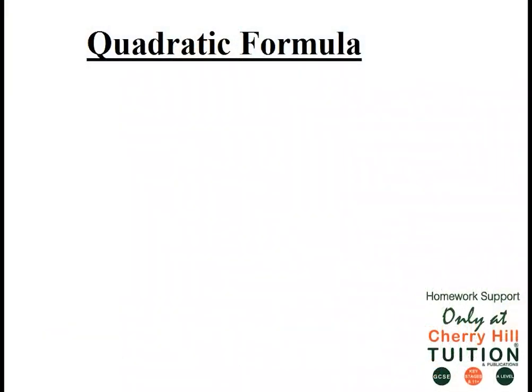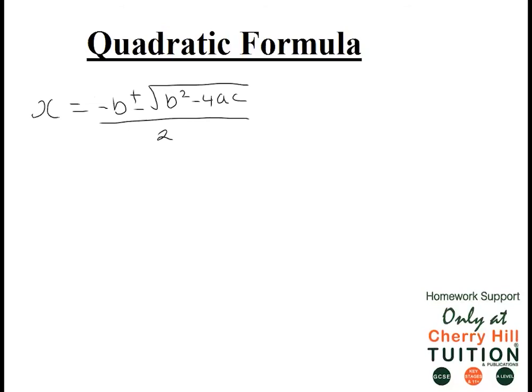So the quadratic formula is used to solve for unknowns in a quadratic equation. The quadratic formula is x is equal to minus b plus and minus the square root of b squared minus 4ac over 2a.